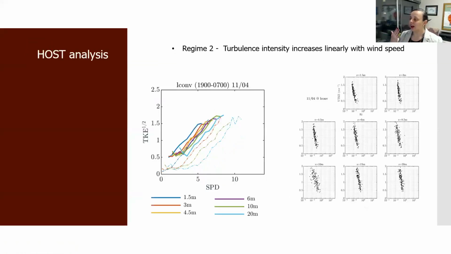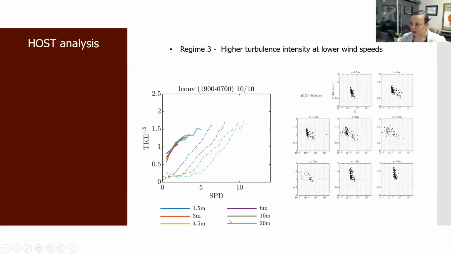We have other nights that look more like this, where we see turbulence intensity increasing linearly with wind speed at a pretty strong slope. And all three of these graphs are from the lower convergence tower. We have other nights where we see higher turbulence intensity even at lower wind speeds throughout the entire night.